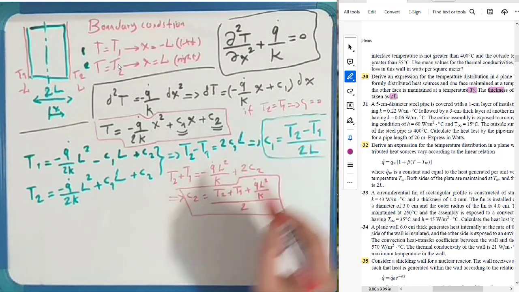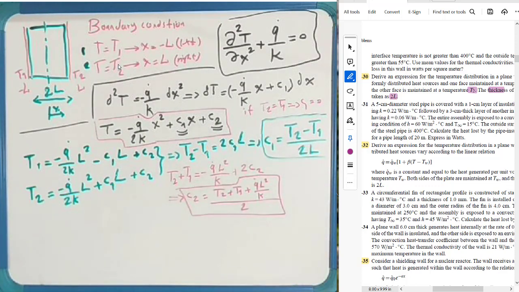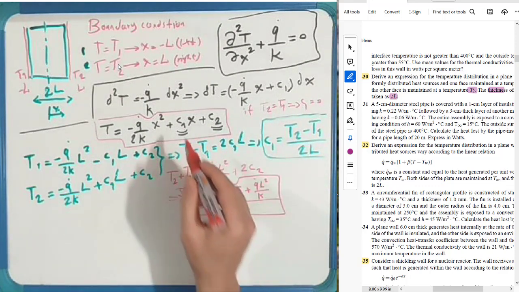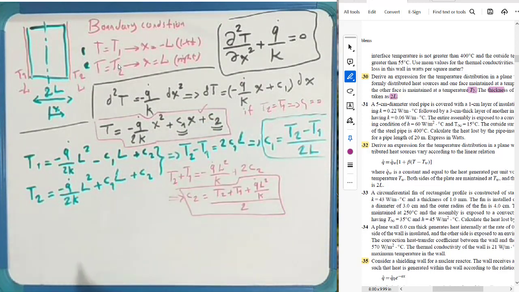This is C1 and this is C2. I will put C1 and C2 in the main formula. Then what will I have?